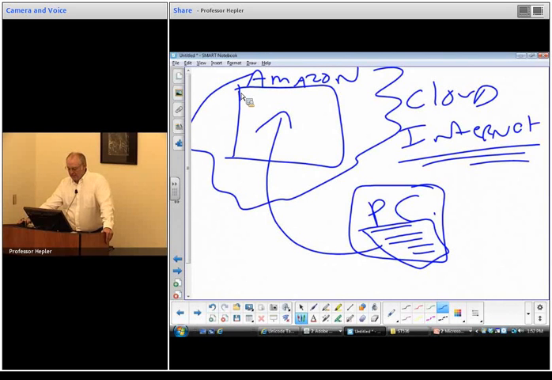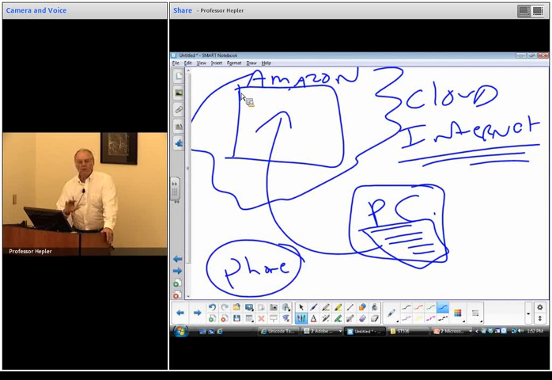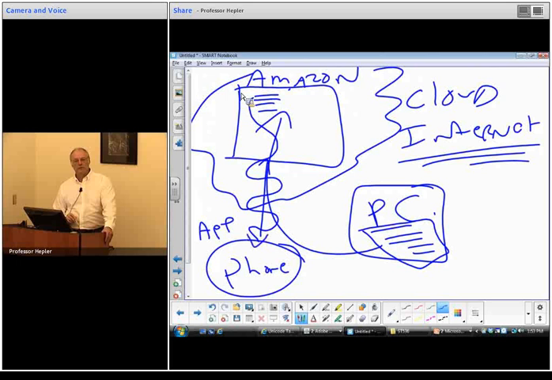I can now access that cloud, that location in the cloud, from anywhere I can access the internet, which includes my phone, for instance. All the music I own, which is about 17,000 plus tracks right now, stored up here. On my phone, I have an app, a program, that connects to this cloud server via the internet, via the cloud, and it pulls down the zeros and ones from Amazon to my phone, and then interprets it on my phone as music, and plays the music on my phone.